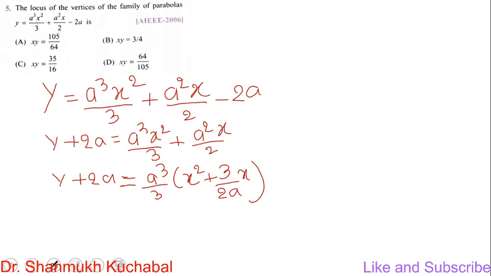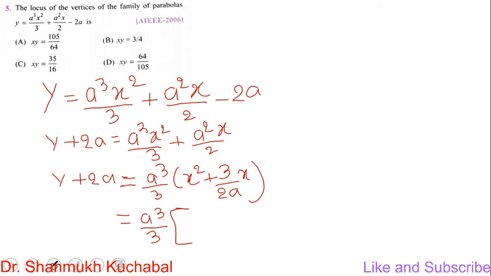The LHS has no change, the RHS we will simplify. Using the completing the square technique, we'll add b square and subtract b square. Usually the standard form of the equation is a plus b whole square, that is a square plus 2ab plus b square.